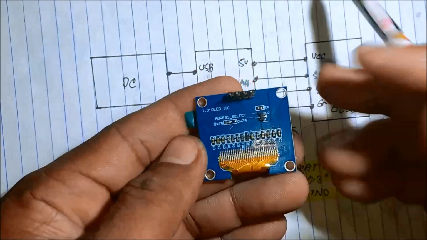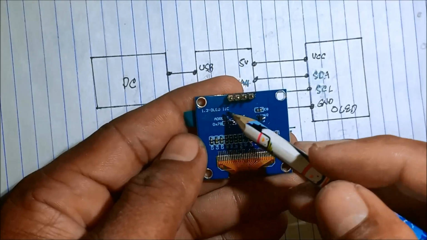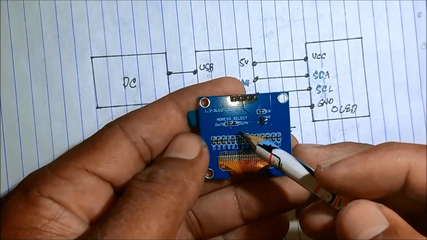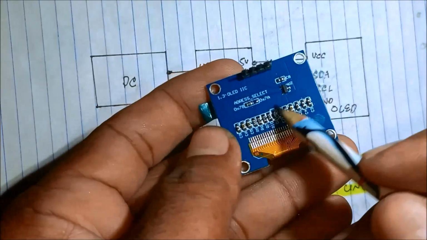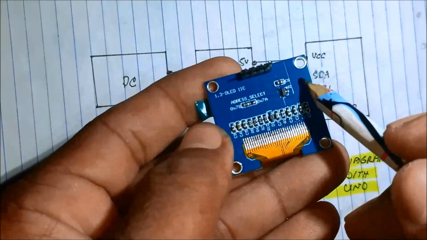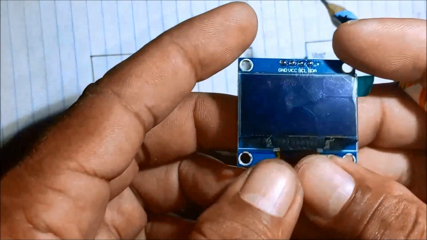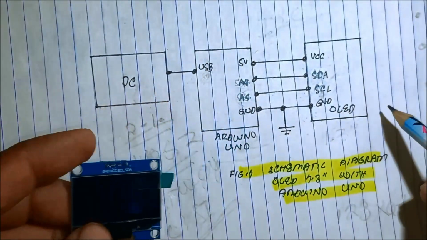And at the back, we have this address select. Since the address is already fixed, we don't need to set it. Then we also have SMD components and some sort of converter. So this is the OLED display, 1.3 inches.